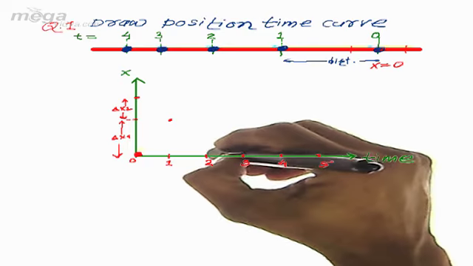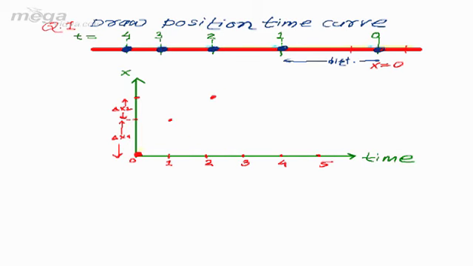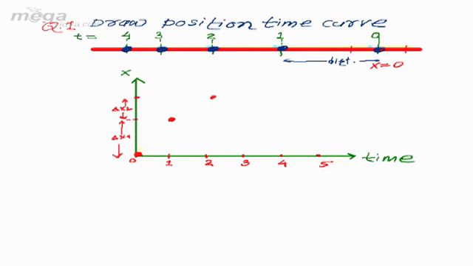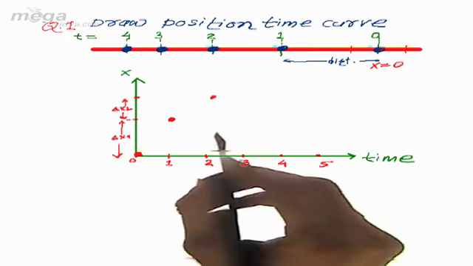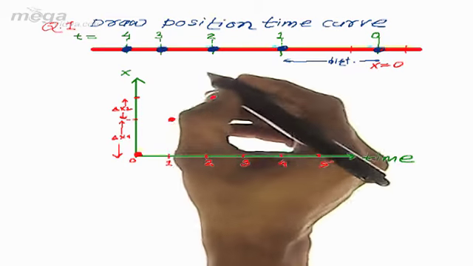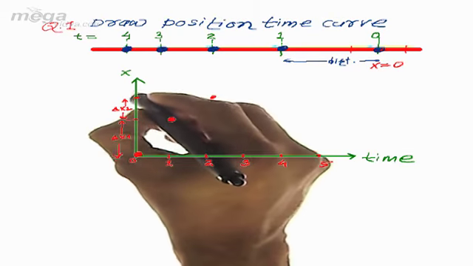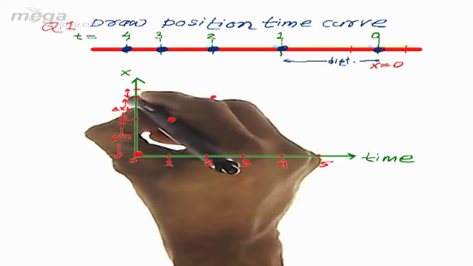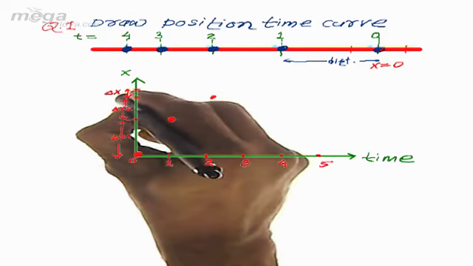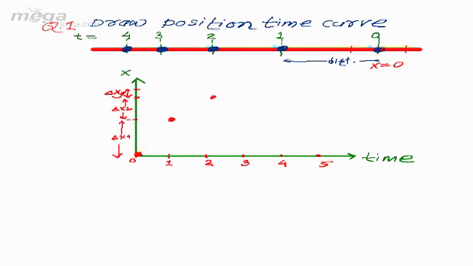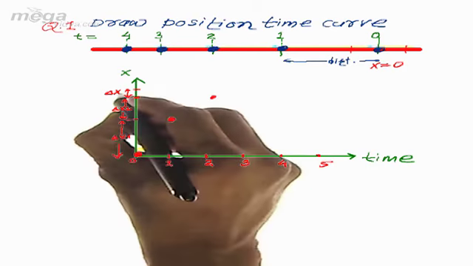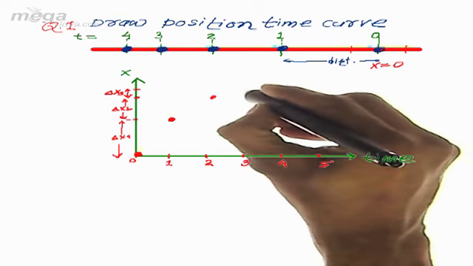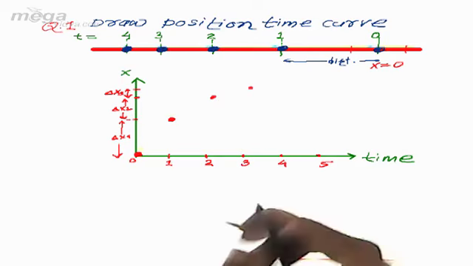No doubt at time t2 this point will occur here at this place, while the position of the particle at time t equal to 1 can be drawn here. For the next time, between 2 to 3 seconds, you can further see that the distance moved by the particle, just mark it with delta x3, becomes a little less than delta x2. So the corresponding point on the xt diagram will be somewhere here.